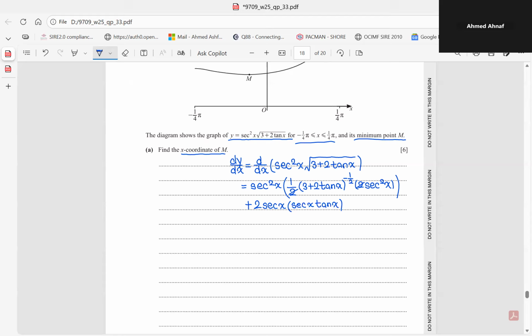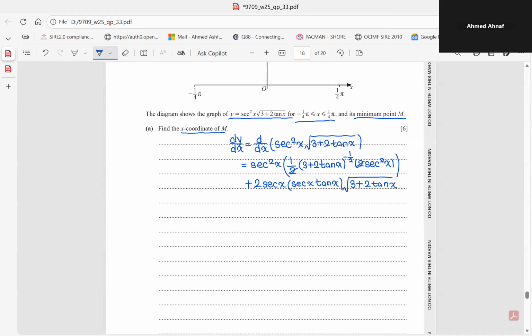Okay, so anyway, now we keep our second term, so we multiply by square root of 3 plus 2 tangent x. Now we'll simplify everything. Secant squared times secant squared is secant x to the power 4, over, which is the same as 1 over square root of 3 plus 2 tangent x.